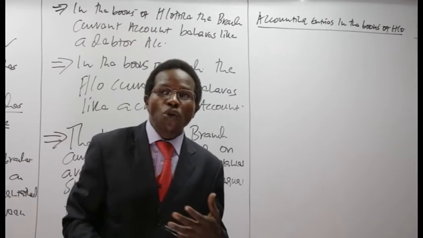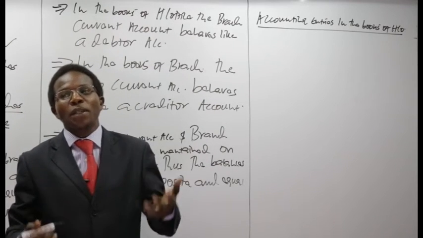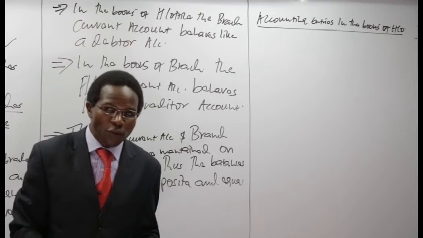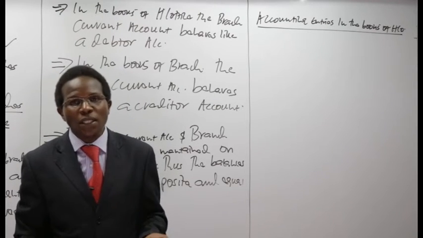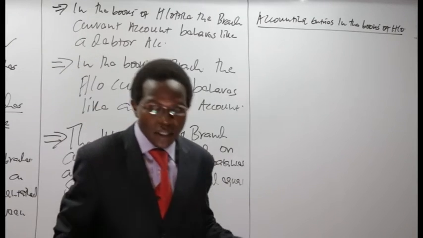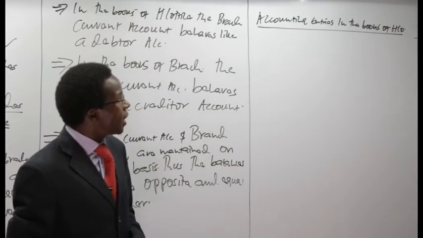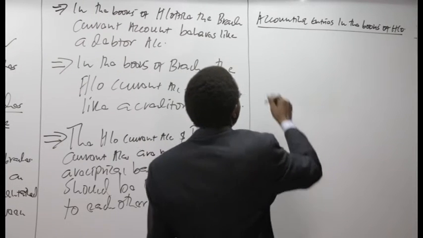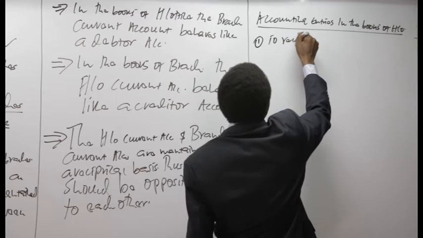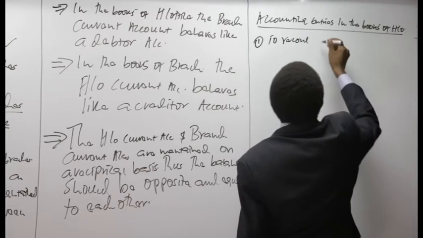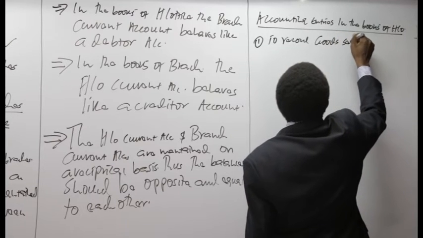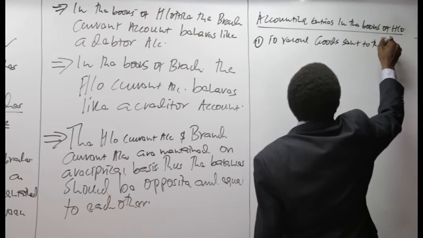We also need to talk about when expenses have been paid by the branch on behalf of the head office, or by the head office on behalf of the branch. That's what we'll be looking at in the books of the head office. So, one, we look at how to record goods sent to the branch.